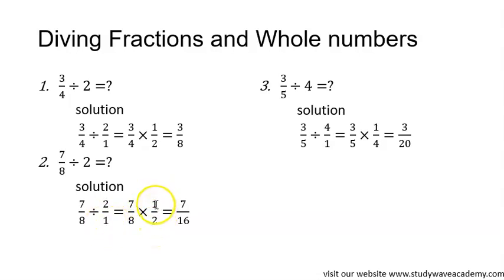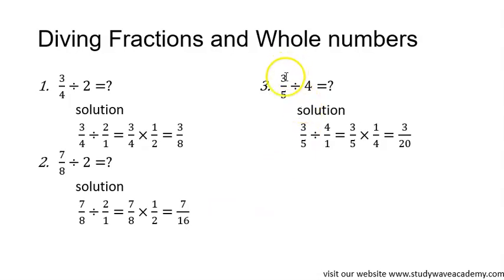So we multiply. 7 times 1 is going to give you 7. 8 times 2 is going to give you 16. So 7 over 8 divided by 2 is going to give you 7 over 16. Okay? It's easy, right? It's not confusing.